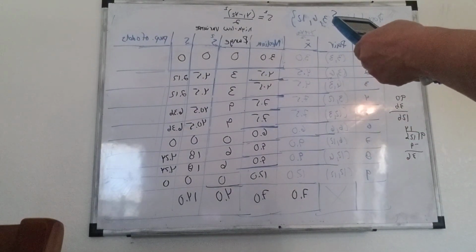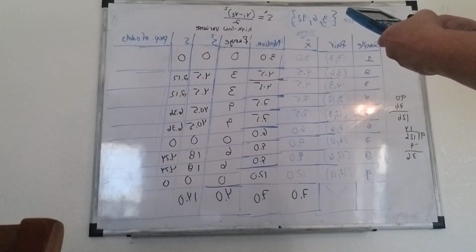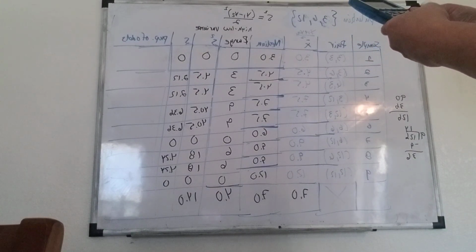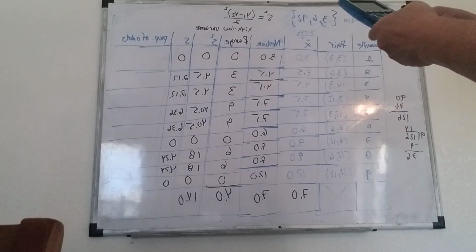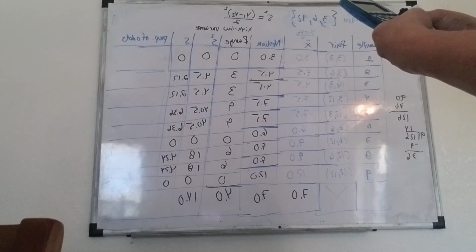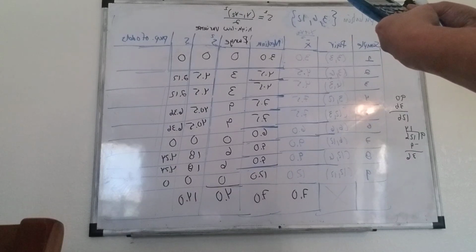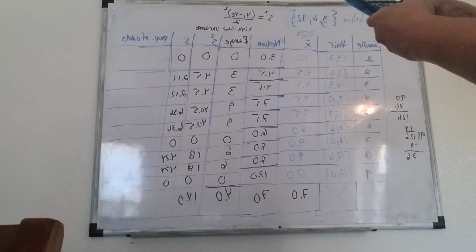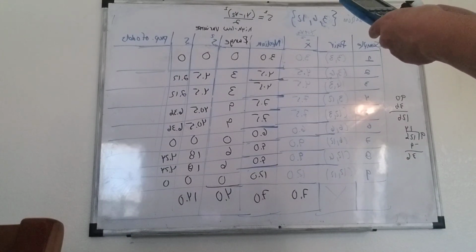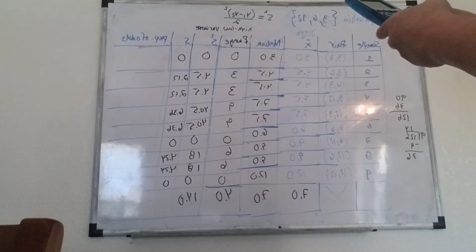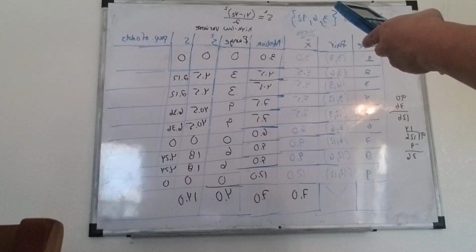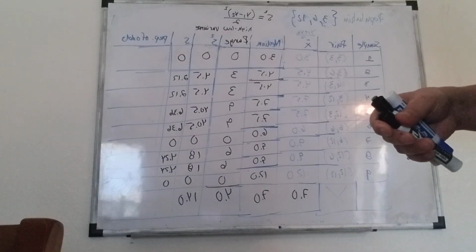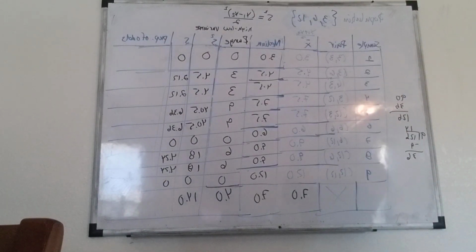So let's see, times 2 plus 6.36 times 2 plus 2.12 times 2. I'm getting 38.165 divided by 9. I get 4.24.